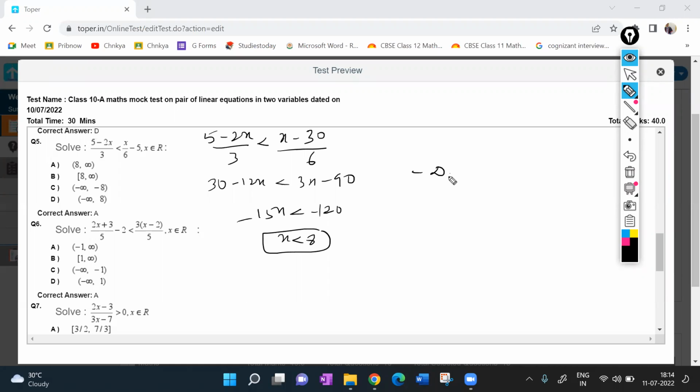X less than 8, minus infinity to 8. This is the answer. Option A is correct. No, I mean, option D should be correct. Sir, they gave option A as correct. No, sir, x greater than 8. If we multiply by minus 1 on both sides, then the sign changes to greater than. The sign changes if you multiply or divide by a negative.